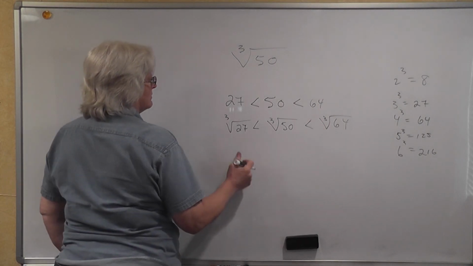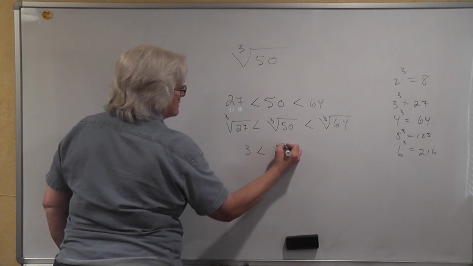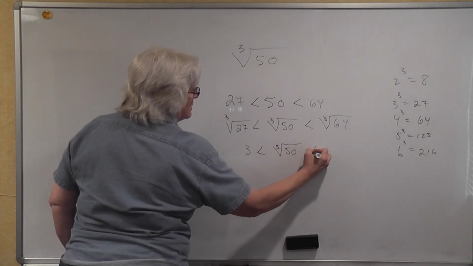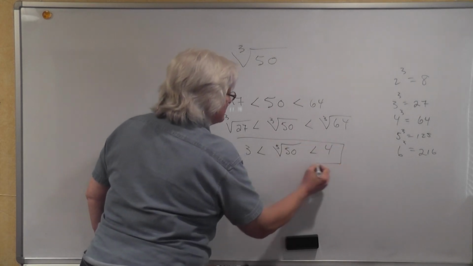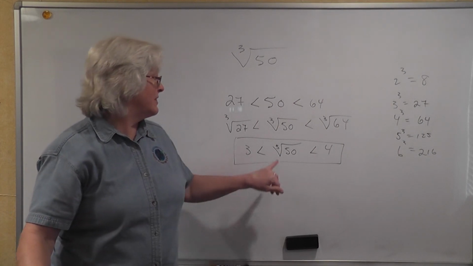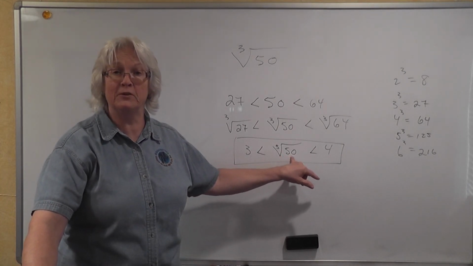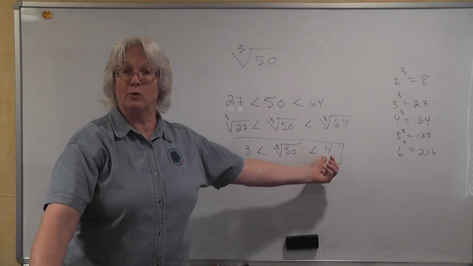Then we put in our integers. Cube root of 27 is 3, which is less than the cube root of 50, which is less than 4. And this is our answer, and this tells us that the cube root of 50 lies between 3 and 4.